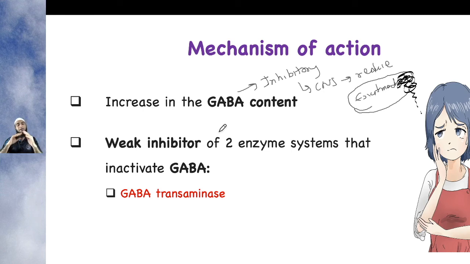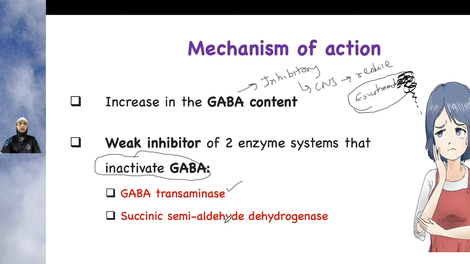Let's see how it increases the GABA content. It is not directly acting on the GABA receptor, but it is a weak inhibitor of two enzyme systems that basically inactivate GABA. So there are two enzymes which inactivate GABA. One is GABA transaminase, which converts GABA into its metabolite. So it inhibits this GABA transaminase enzyme. Also it inhibits another enzyme which converts GABA into its metabolite, that is succinic semialdehyde dehydrogenase.